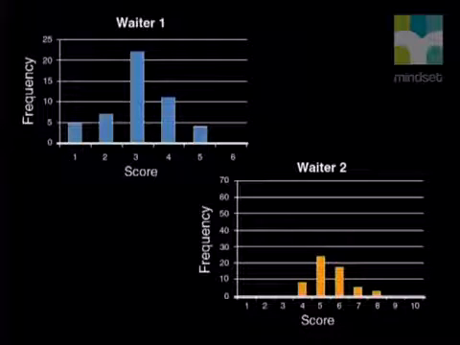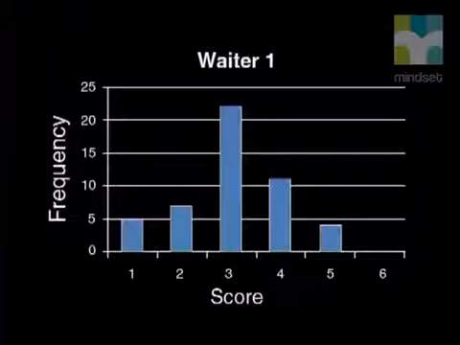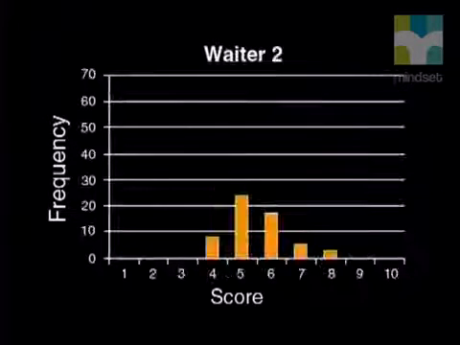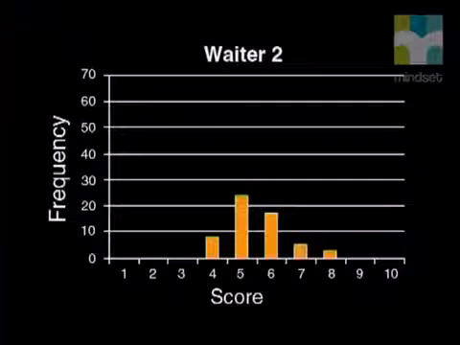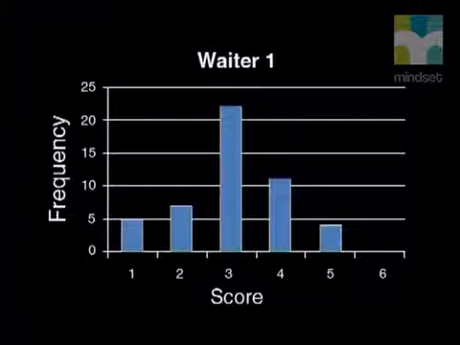Well, looking at these results, it looks like waiter number 1 has achieved better results. Notice the scale on each of these two graphs. Now that I look at the scales used, I can see that it's not so obvious to see who the better waiter is because the scales are different. Yes. If you look at the first graph, the x-axis goes from 0 to 6, while the y-axis goes from 0 to 25.